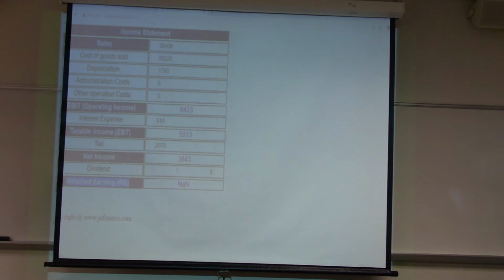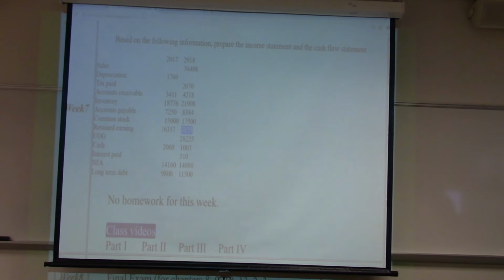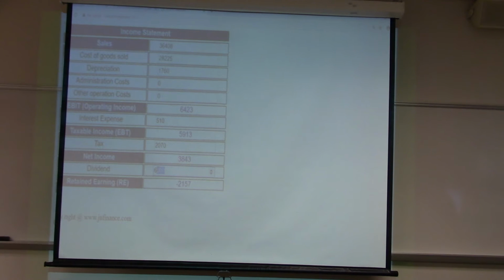For example, you paid a big dividend. The dividend has to equal the difference between these two numbers. That $3,000, but they need to lose an extra $3,000 on top of that.